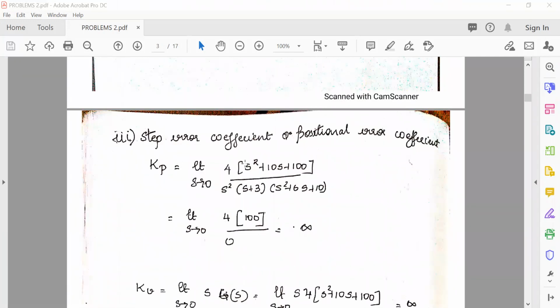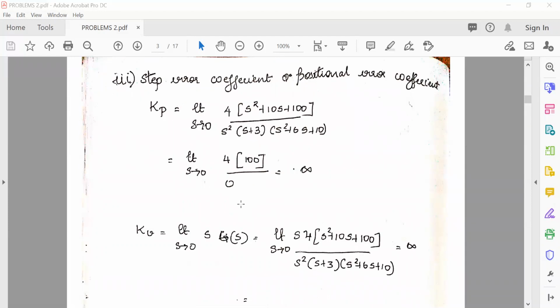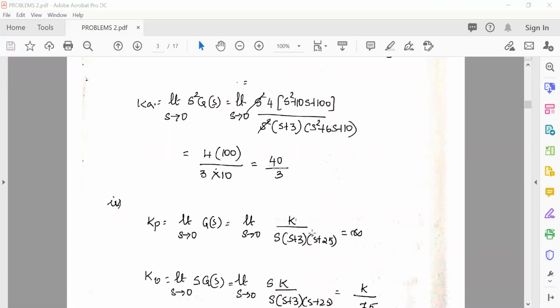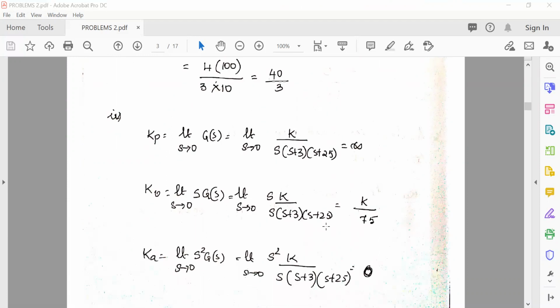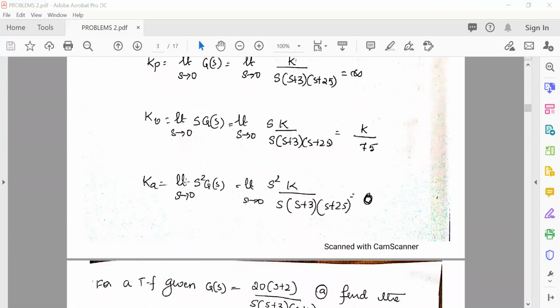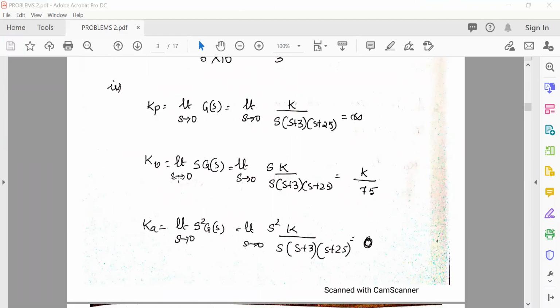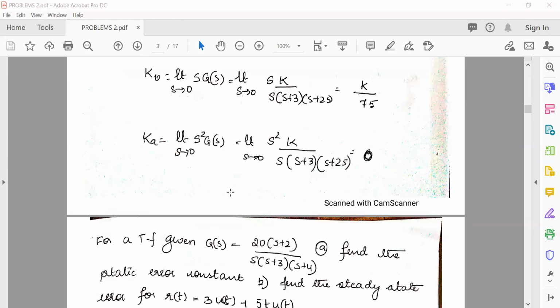Again, what about the third one? Here it is type 2. So for type 2, you will not have the first two errors. These two values will not be there. Only the third one, the acceleration error coefficient, will be there. This is type 1. It is s. You have only one pole at the origin. For type 1, only the second value will be there. Only the velocity error coefficient will be there. The other two are not present. Okay, so depending on the type, you will get the different error coefficients.